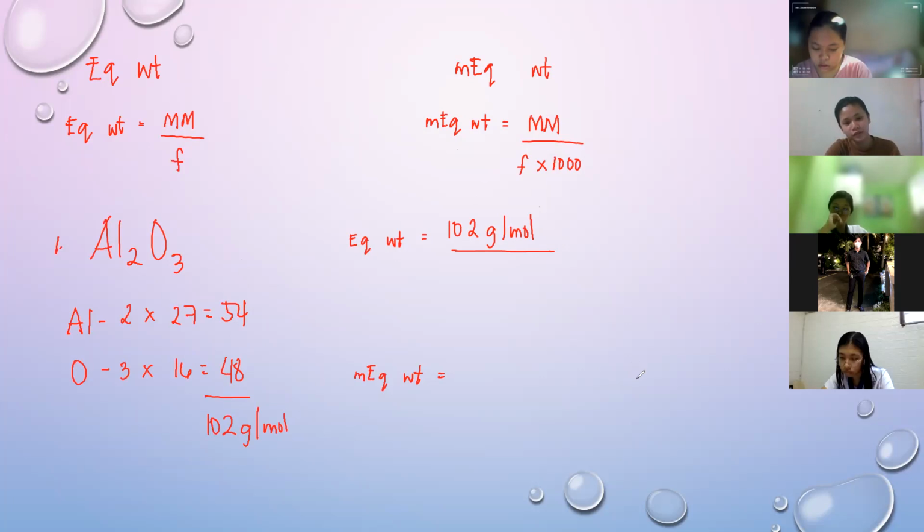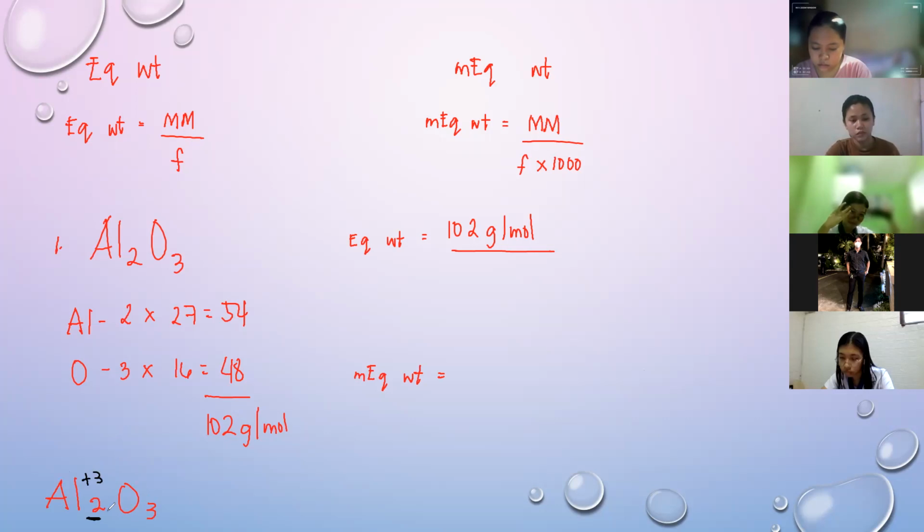Aluminum oxide is not an acid. It is not also a base. Wala kang hydrogen, wala kang OH. So dun ka sa charge. Ano sabi? Total number of positive or negative charge. Kung titingnan natin, class, si aluminum ganito. Aluminum ang charge niya positive 3. Tama? Yes, ma'am. Ilang atom yan? 2.